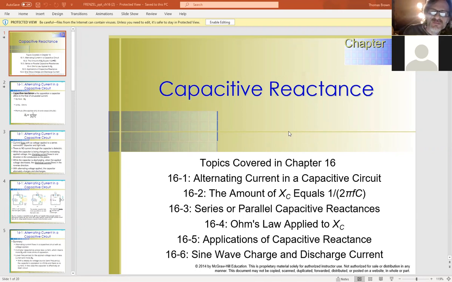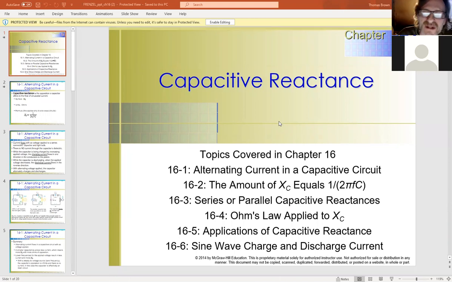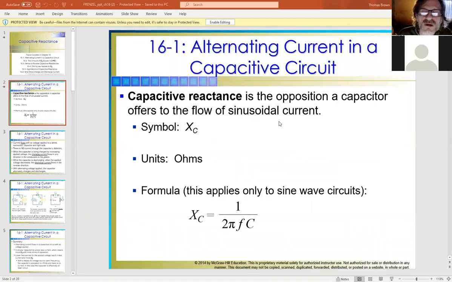In section 16.2 we have a new term, X sub C, and what it is equal to, and we'll get into that exactly. Then series or parallel capacitive reactances, how Ohm's law applies to this, applications, and the way sine waves charge and discharge current through capacitors. So here's some new stuff.